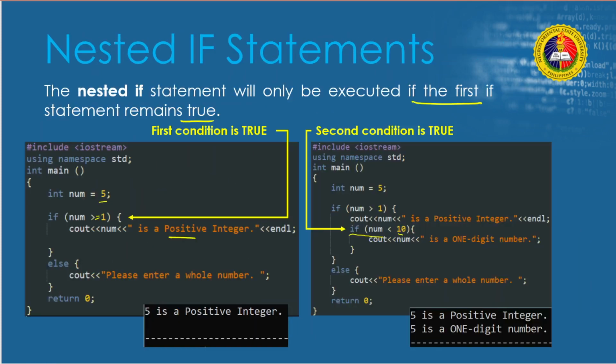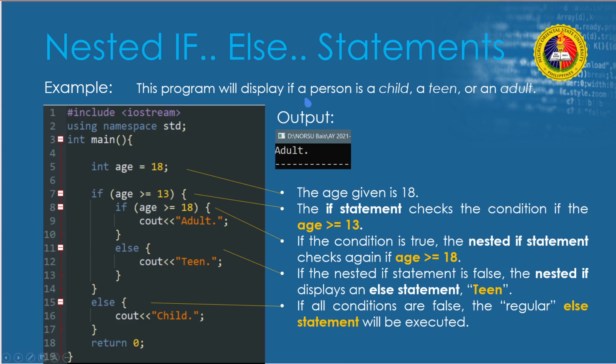Okay, another example. This program will display if a person is a child, a teen, or an adult. So our condition is, if the age is less than or equals to 18, in this case, let's call it child.